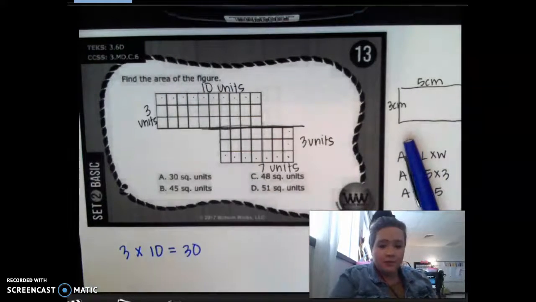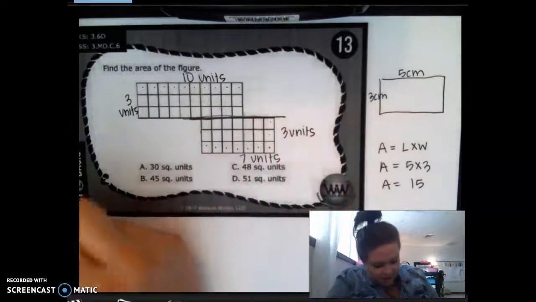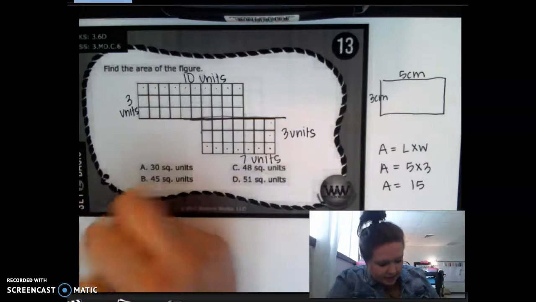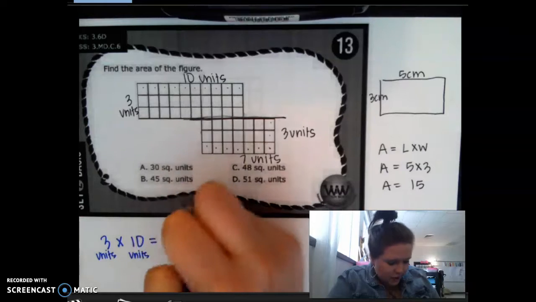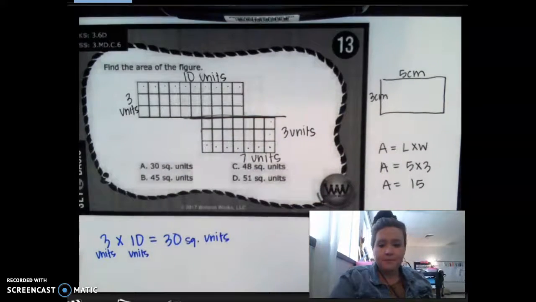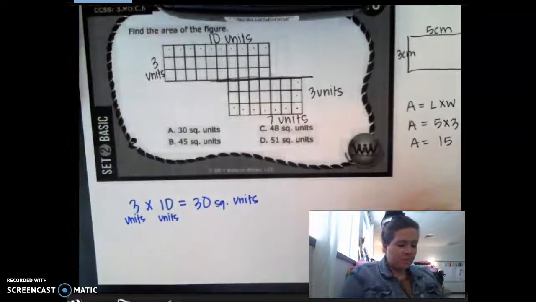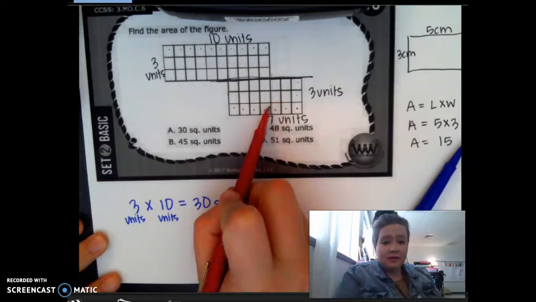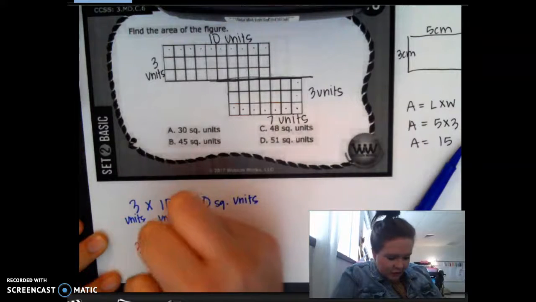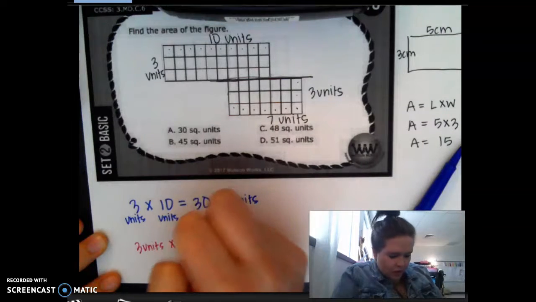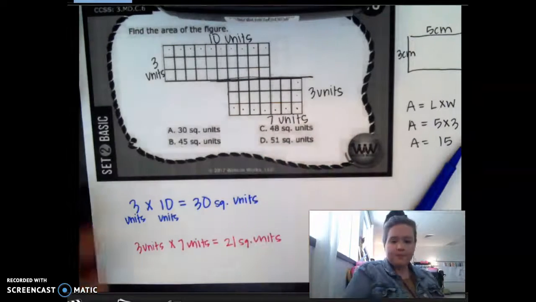So this should say 3 units times 10 units is 30 square units. All right? So then I'm going to find the area for this one. 3 units times 7 units equals 21 square units. Okay?